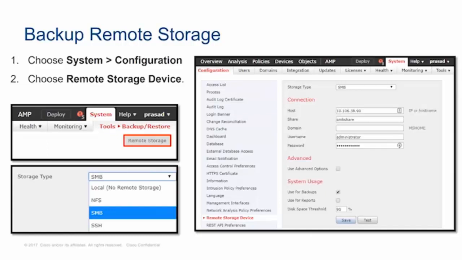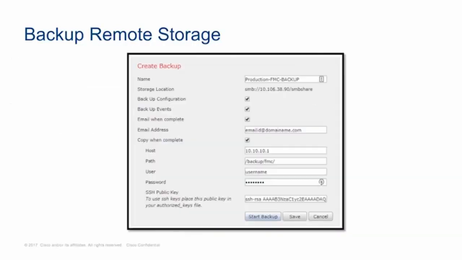Here we have given you an example for SMB, and you have to fill in the details regarding the host name, the share, and the credentials. Here we have an option to choose what we need to use remote storage for. We can use remote storage for backups and reports, and you have an option to choose specifically one to use this remote storage.